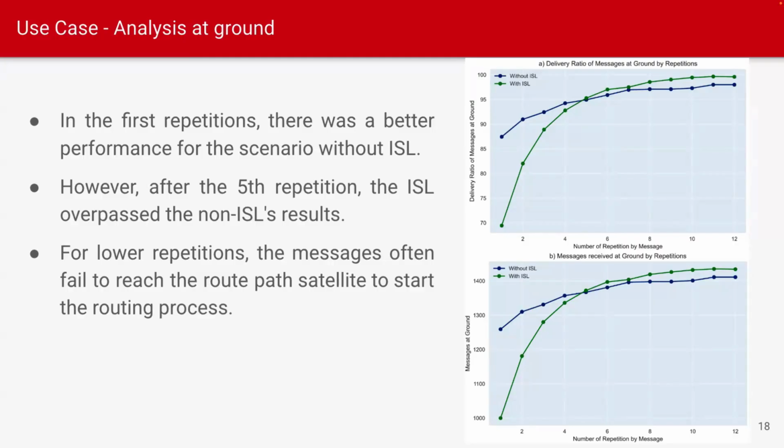So a lot of packets are discarded with ISLs, but without ISLs, no one knows. It just takes the packet and tries to deliver it to the nearest ground station. But then we increase the number of repetitions, and the ISL case became better and better, and the without-ISL case didn't become better because, for example, the queue is full and we lose packets. And without ISLs, we don't have queues because the packet is transmitted directly.